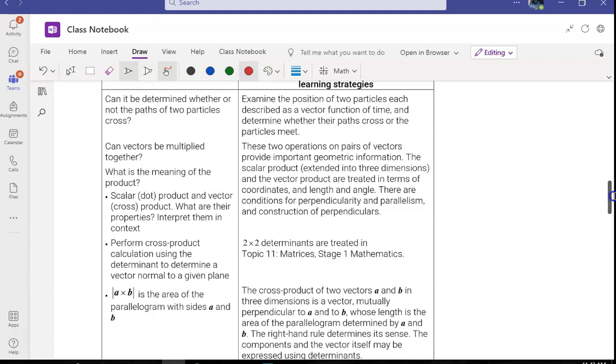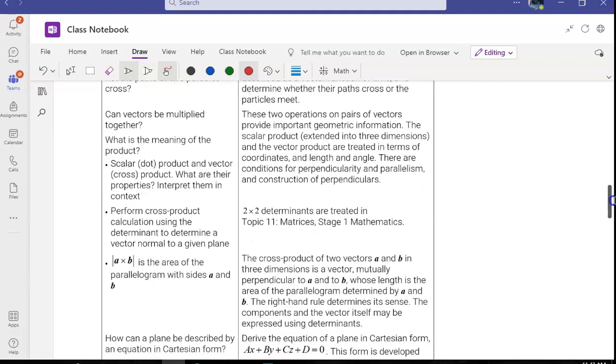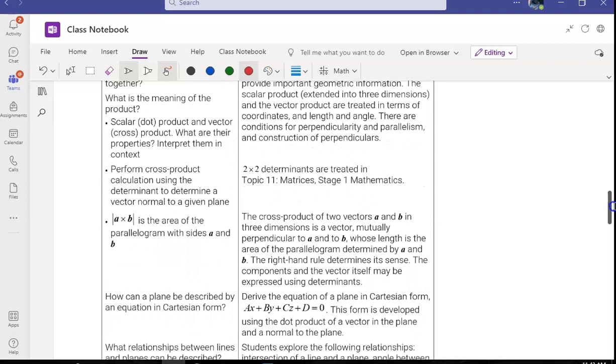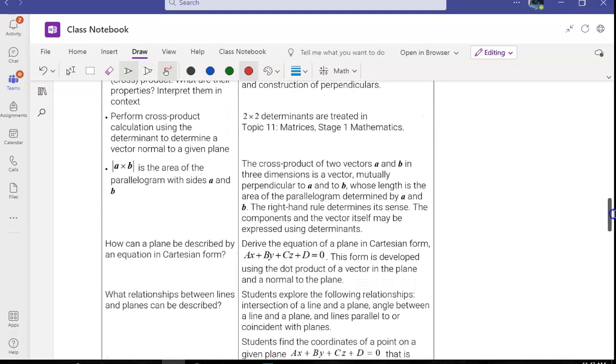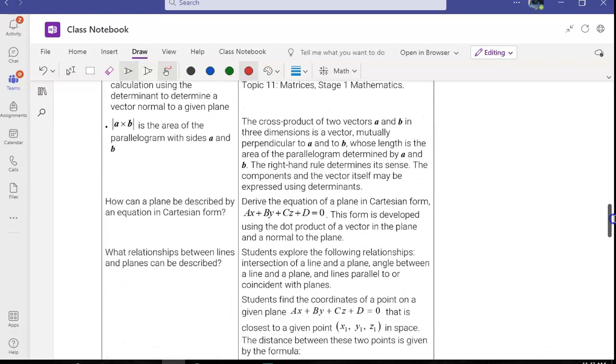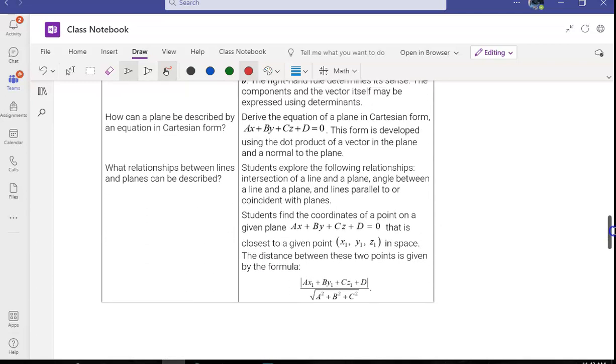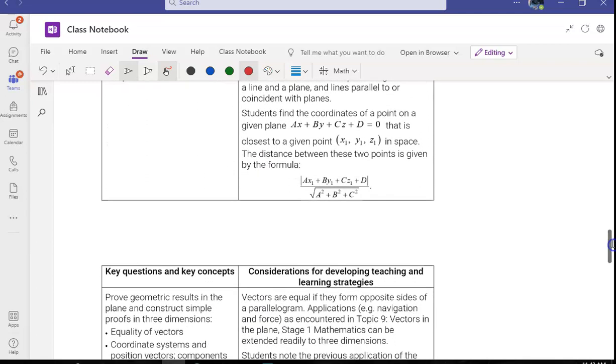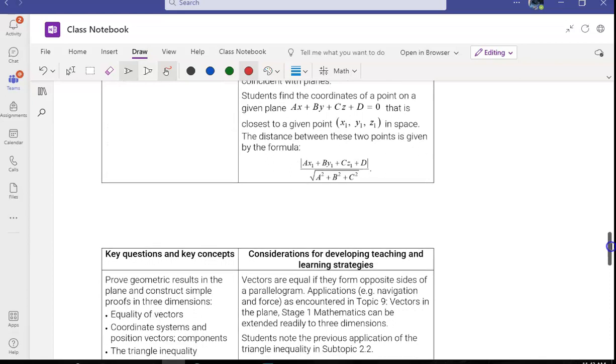Whether or not paths of two particles cross. Scalar product, dot product, cross product. Area of parallelogram. So all of these things can be assessed. Distance, point, plane.